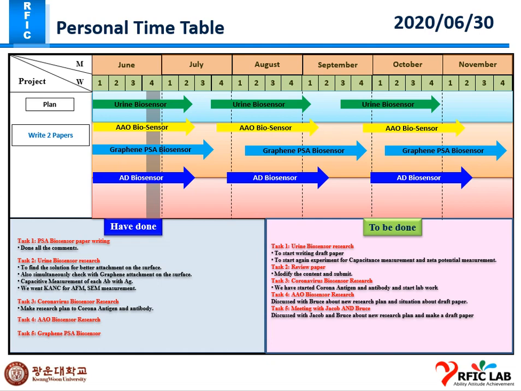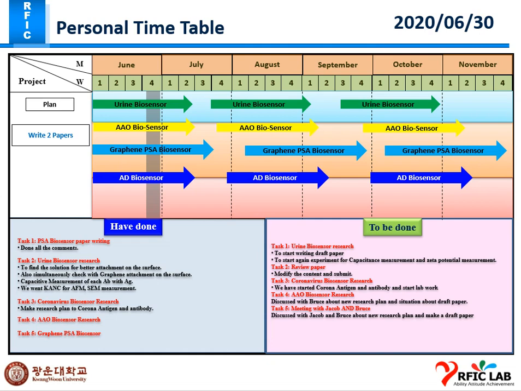The fourth task is the AAO biosensor research. Bruce and I have discussed working with the Ag plus protein sample that you gave us last week, and yesterday we did the immobilization of Ag protein with the graphene oxide to check the wavelength by using LSPR, and Bruce will show you the result.